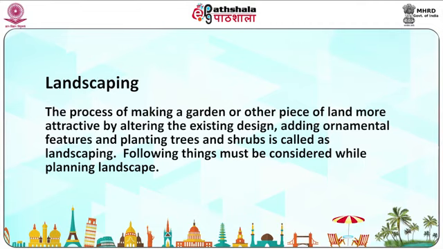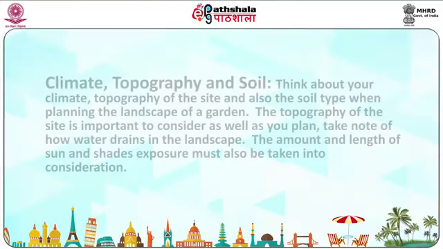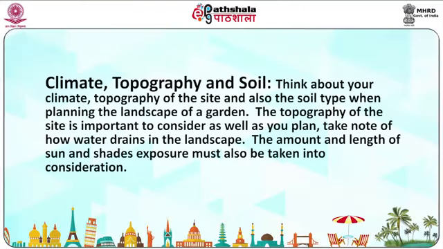There are certain things that must be taken into consideration while planning landscape, like climate, topography and soil must be taken into consideration while planning for landscaping of a garden. Think about your climate, topography of the site and also the soil type when planning the landscape of a garden.